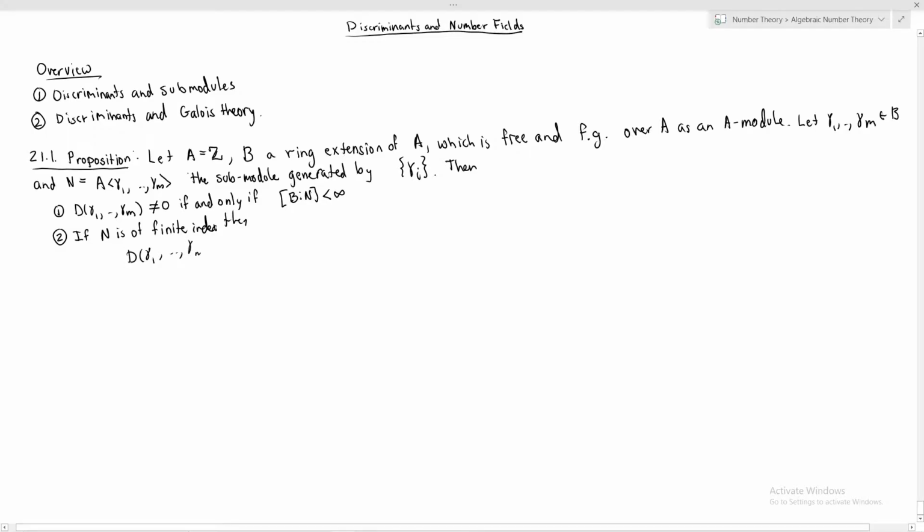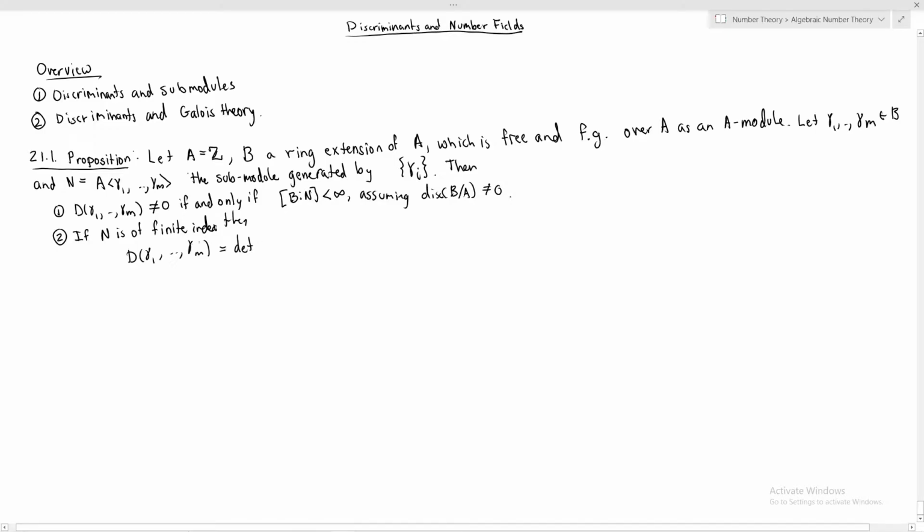Oh, I think there maybe should be an additional hypothesis. We should be assuming that the discriminant of B over A is non-zero. Okay. So there needs to be some non-degeneracy condition on the trace form.